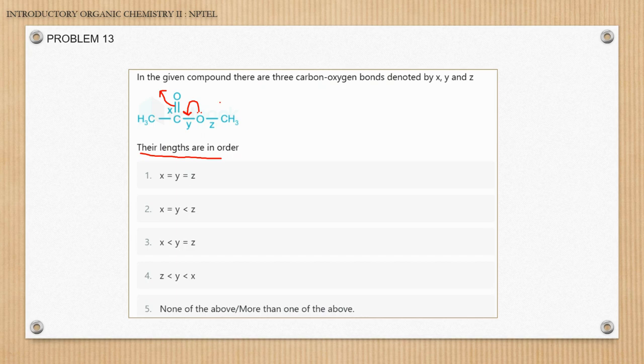So that is why, because of the resonance, X is equal to Y but is less than Z. So now tell me which is the correct answer? Option 2. Option B. Option 2.